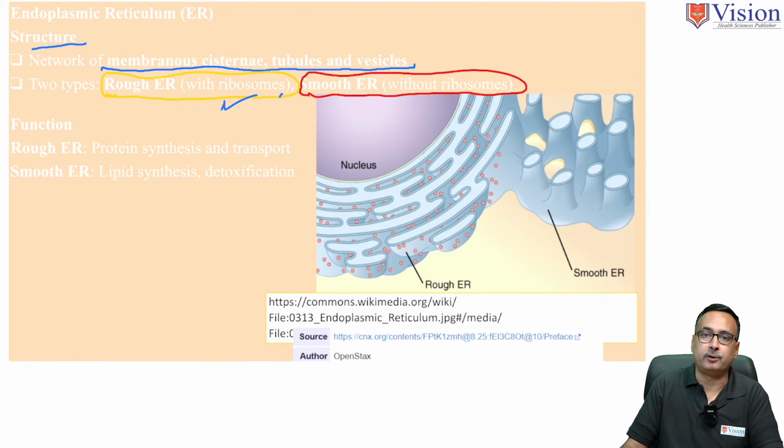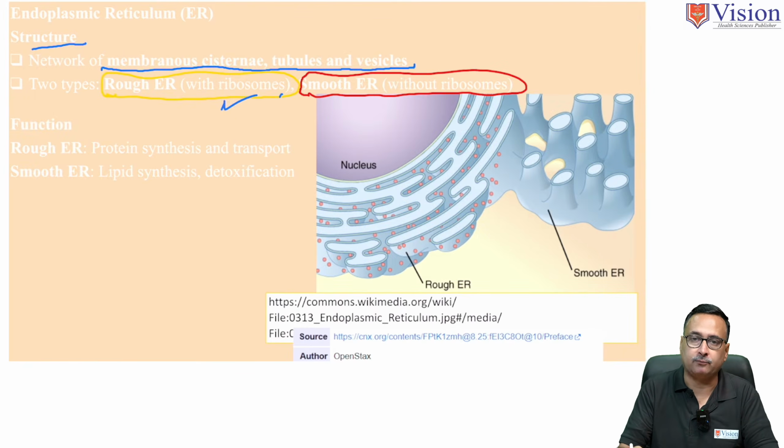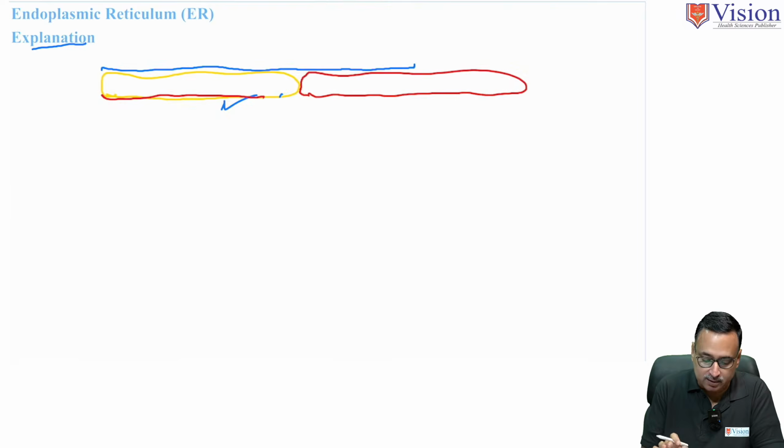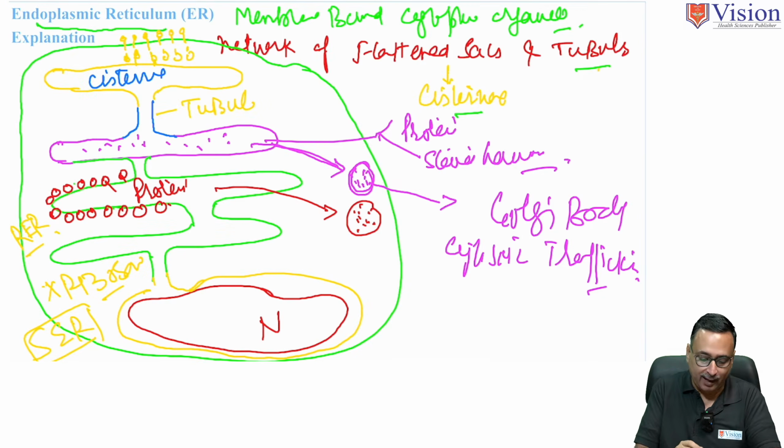So endoplasmic reticulum, based on structure and function, is of two types. One type we call rough endoplasmic reticulum. This endoplasmic reticulum contains ribosomes on the cisterna. So their function is to synthesize proteins. As in this diagram, these red colored circles indicate ribosomes.